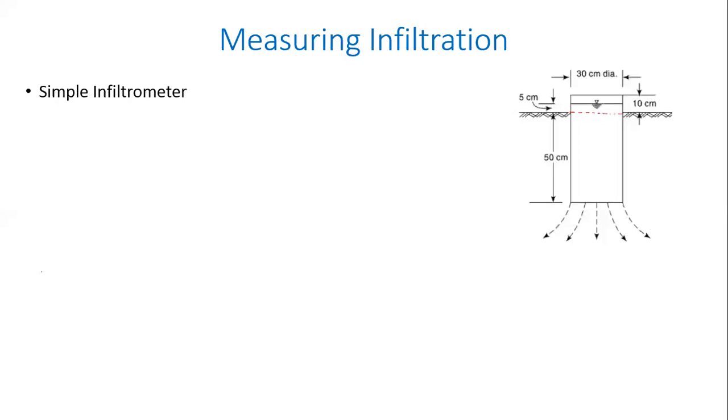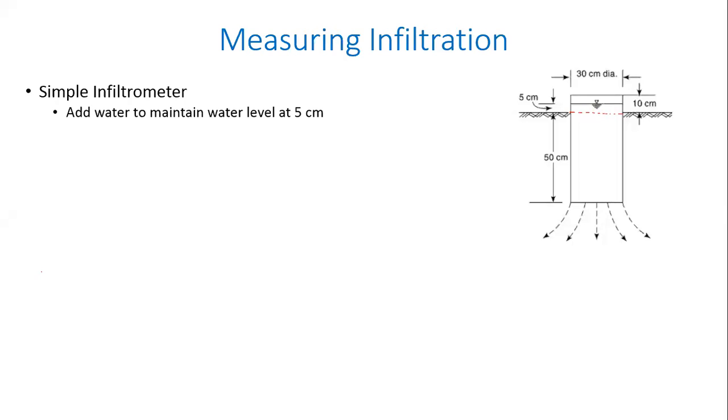You can think of it as some kind of a constant head permeability test. So I keep maintaining water at that 5 centimeter level, and the water keeps infiltrating in. Initially, when the soil is not completely saturated, you can imagine that you will have to add water frequently to keep it at 5 centimeters, right?